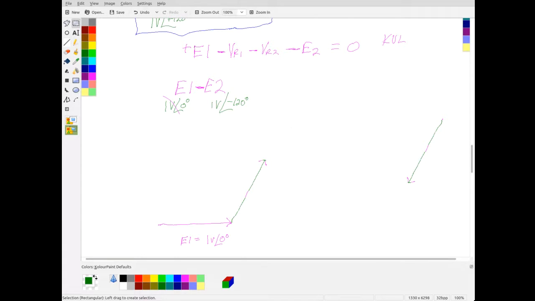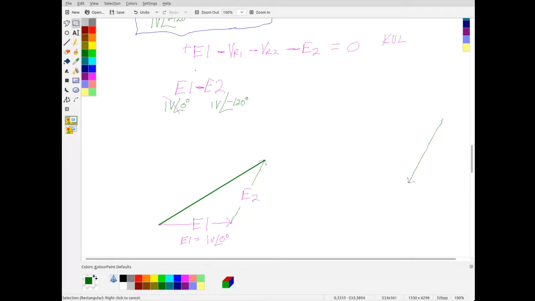And so now if I was to draw this triangle, okay, so we have over here, right, this is E1 right here. And this is E2.